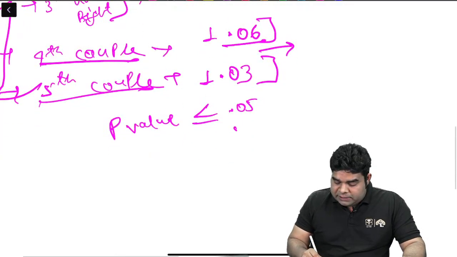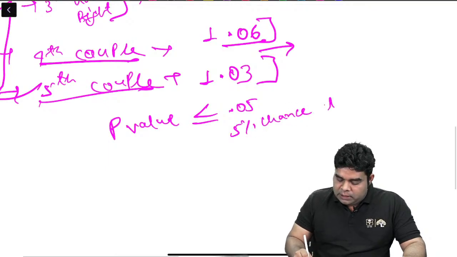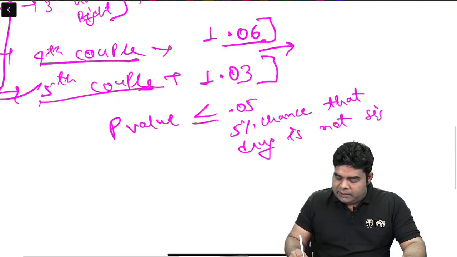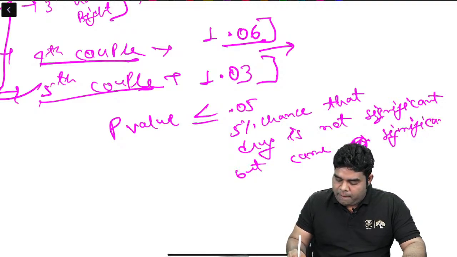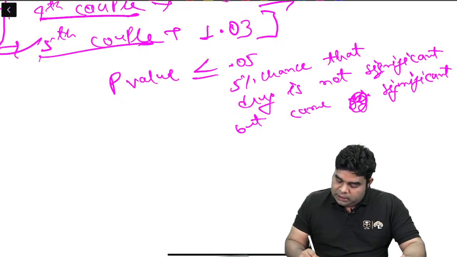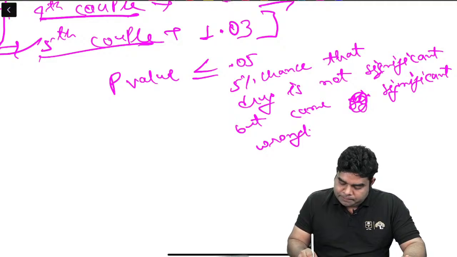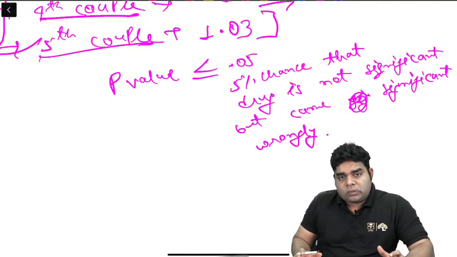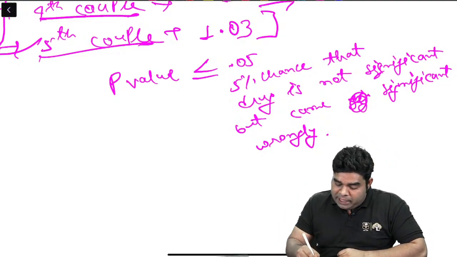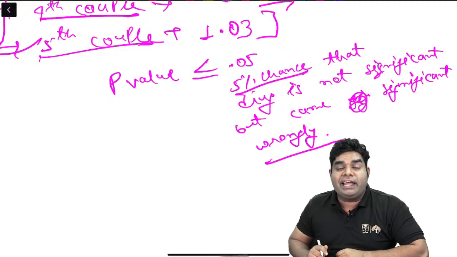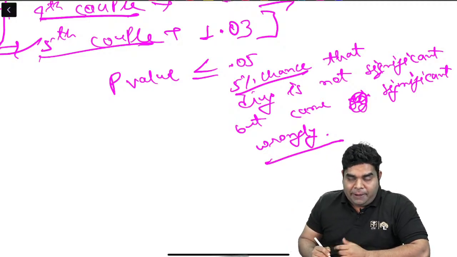It means there is a 5% chance that the drug is not significant but came significant wrongly, or came significant by chance. So this is one way of understanding p-value, that we should make minimum mistakes. The probability of getting a result by chance or the probability of getting a result wrongly should be low. Okay, that is one way.